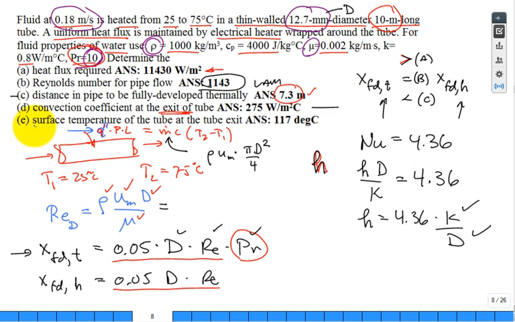Now, what is the surface temperature of the tube at the tube exit? So the wall temperature at that exit. How am I going to solve for that? Big hint, use that the mean temperature of the fluid at the exit is 75 degrees.